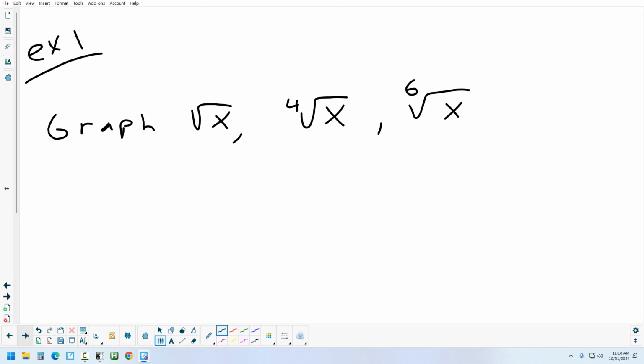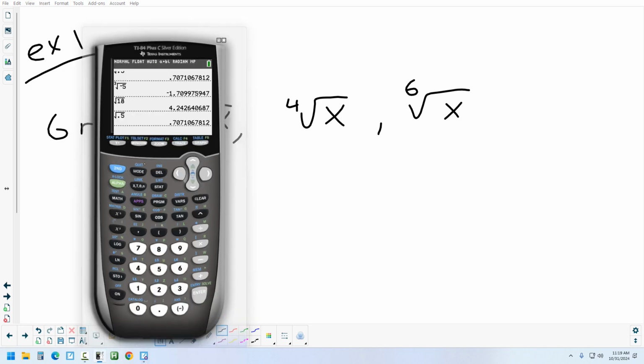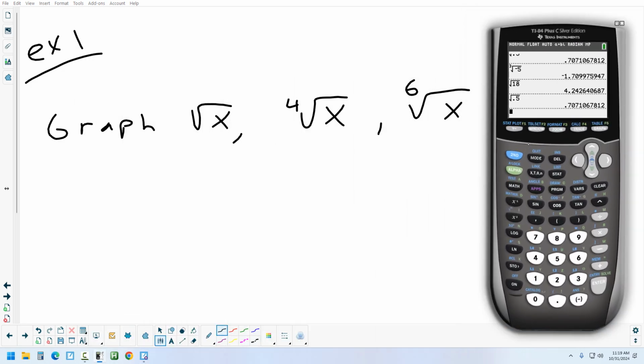So let's look at that on a graph. And I want to kind of start to visualize even roots. So I'm going to draw 3 of them. I'm going to do square root of x. I'm pressing square root. All right.